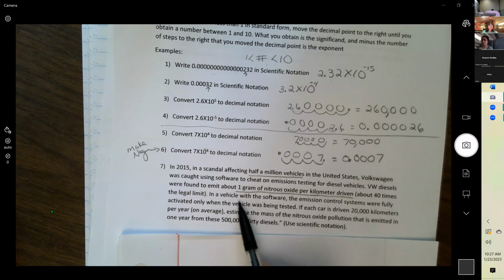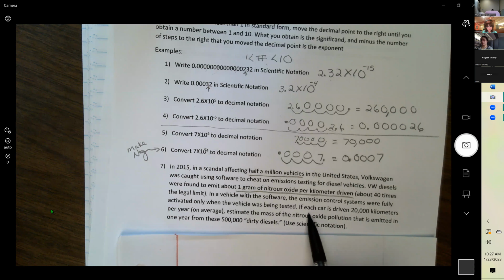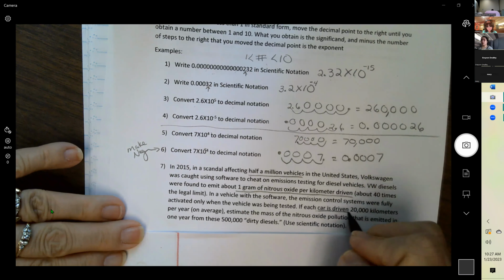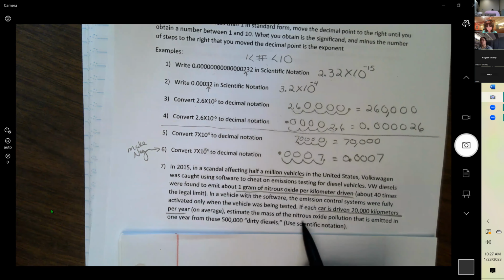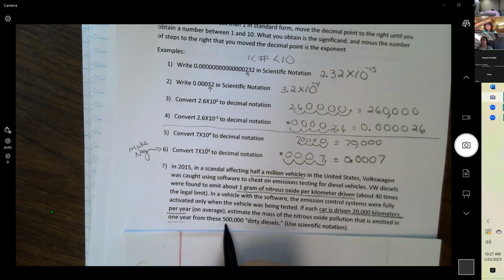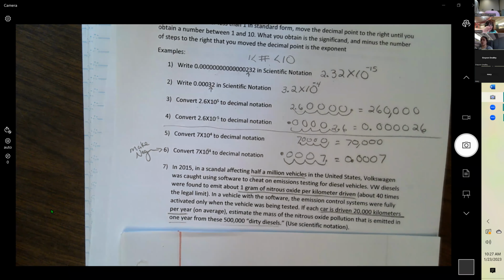In a vehicle with the software, the emission control systems were fully activated only when the vehicle was being tested. If each car is driven 20,000 kilometers per year, estimate the mass of nitrous oxide pollution that is emitted in 1 year from the 500,000 vehicles. And then write your answer in scientific notation.